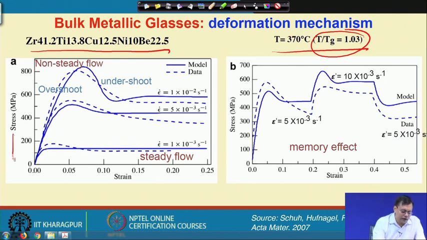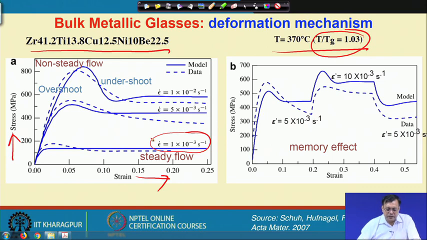Now, let us have a look at the stress strain plot, which is very important. During this experiment, the strain rate has been kept at 10 to the power minus 3 per second.